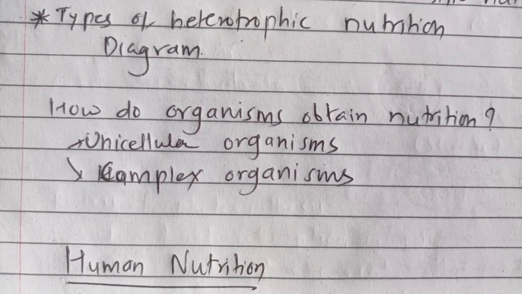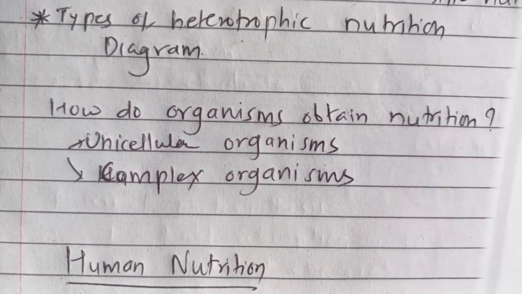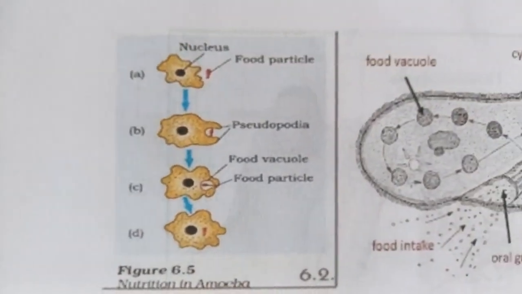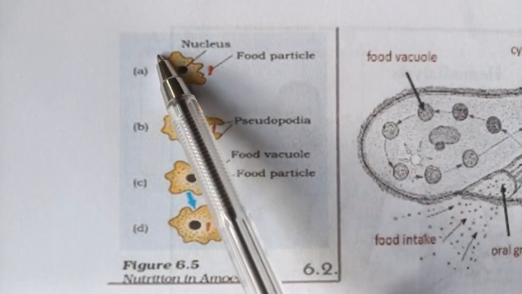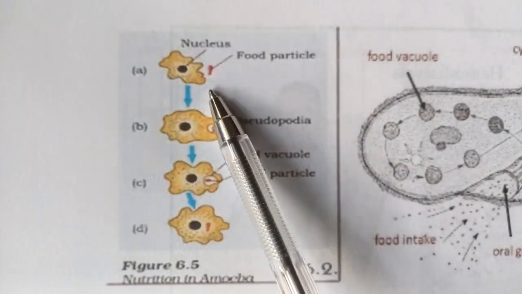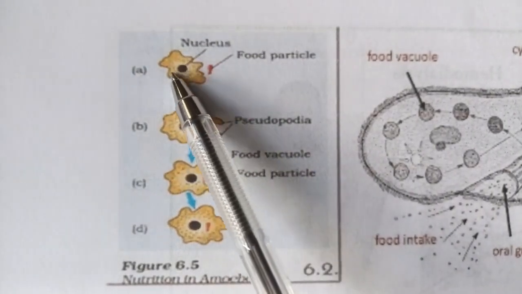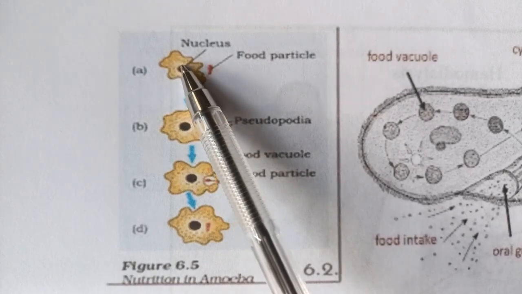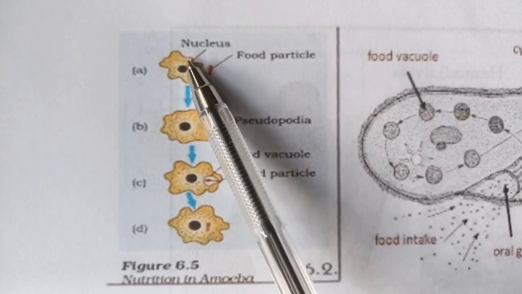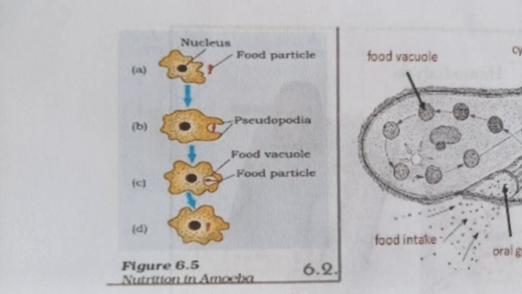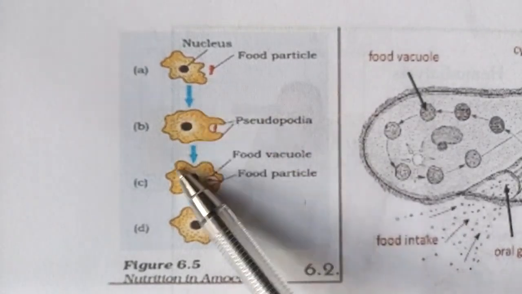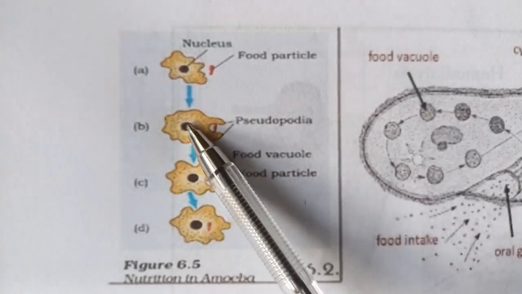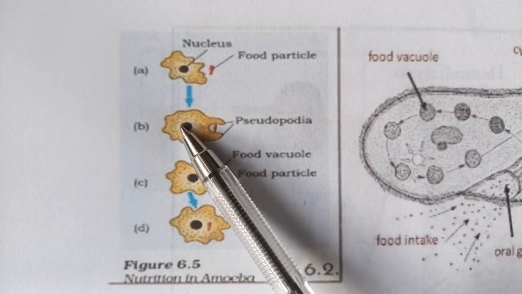Unicellular organisms, as you can see in this diagram, have their body surface in contact with the external surrounding from all over, and all the body systems are in this single cell. So food is taken inside from the entire surface. It can enter the cell from any side.